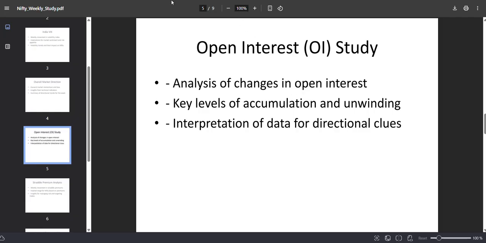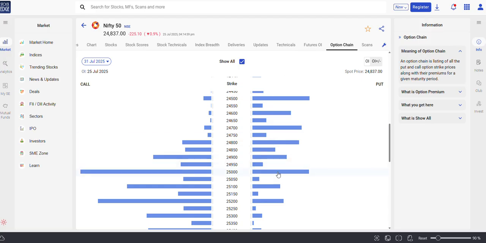Coming to OI, let us look at the OI data and what it is saying. You see, market started falling. So people have started writing the 25,000 call itself, because the market is not able to sustain the 25,000 level. And on the put side, some have put a straddle on 25.